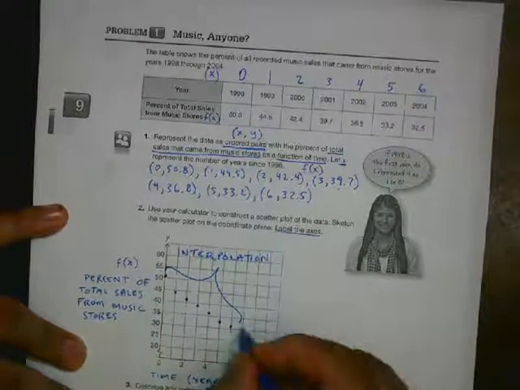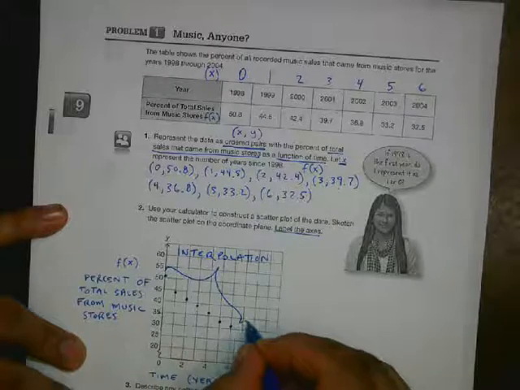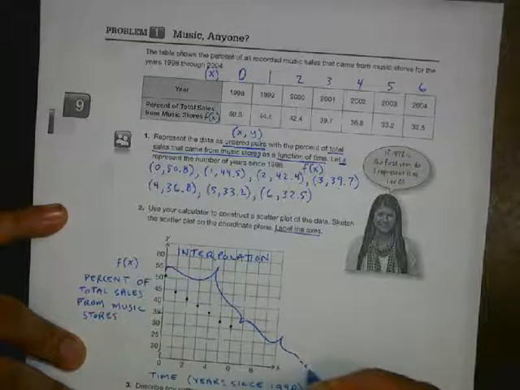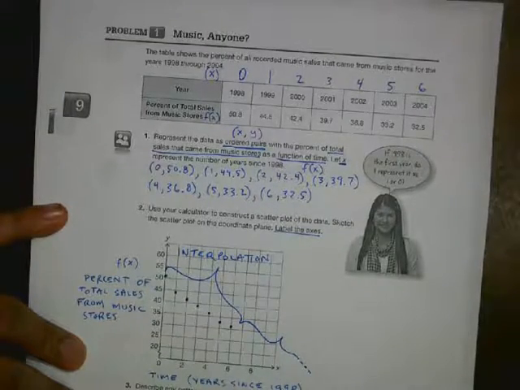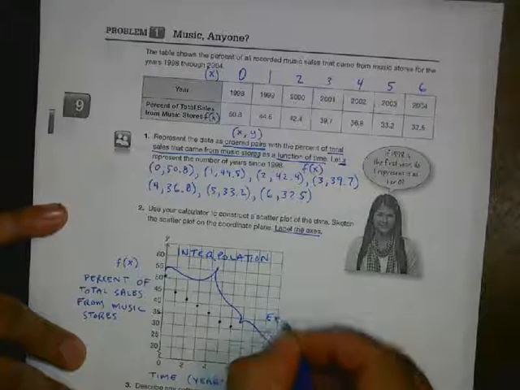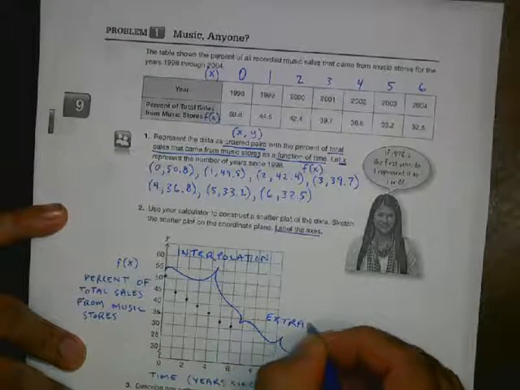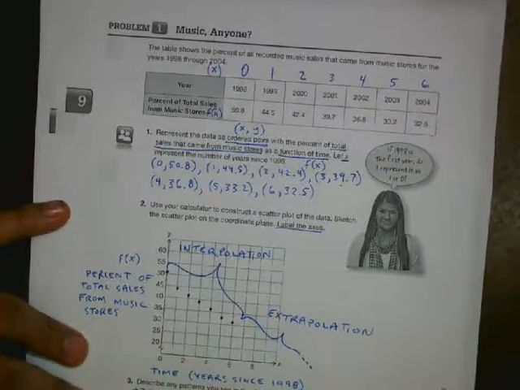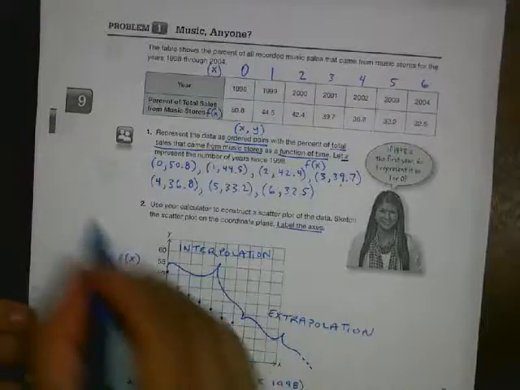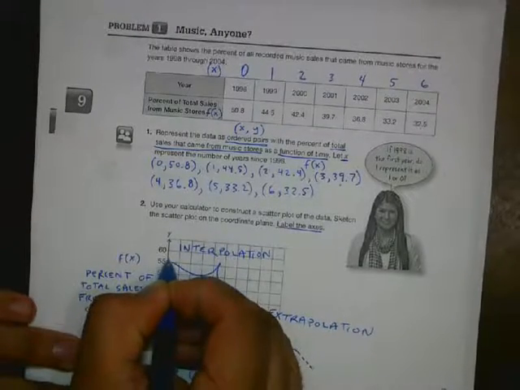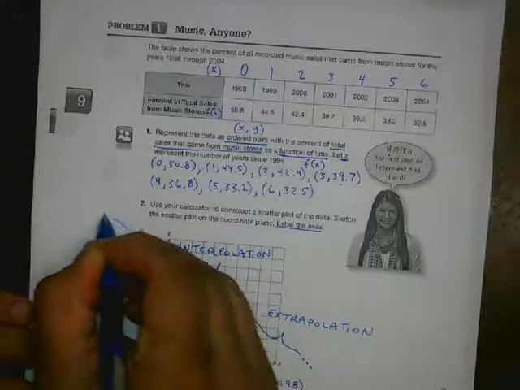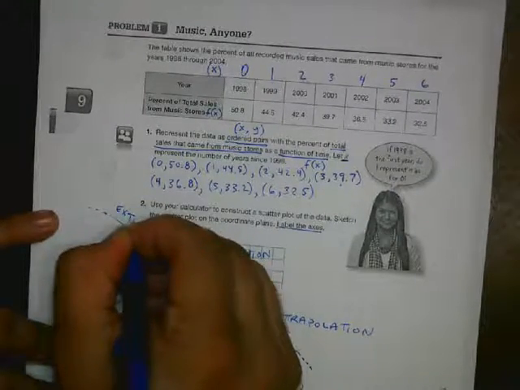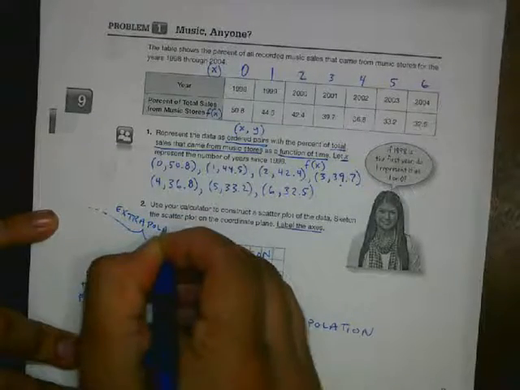Now, anytime we go outside of it, meaning any other points, this here would be extrapolation. Similarly, on this side, previous to all this data here, we're also looking at extrapolation.